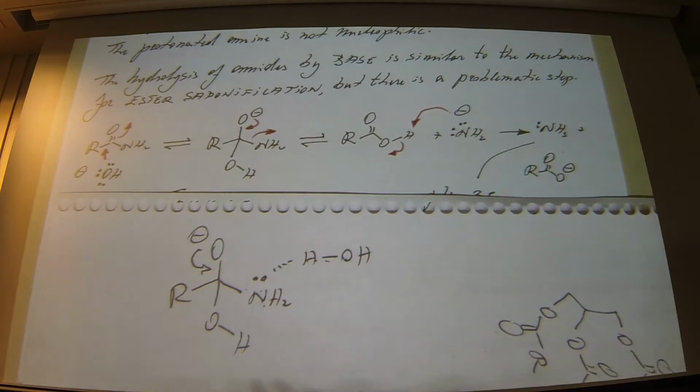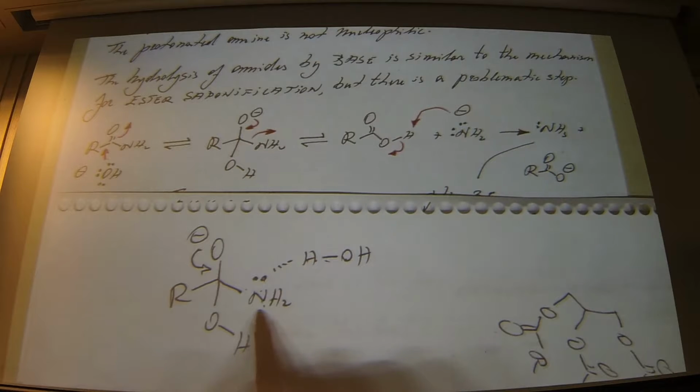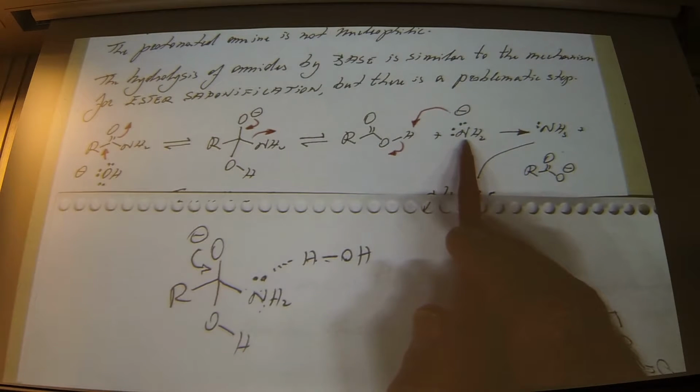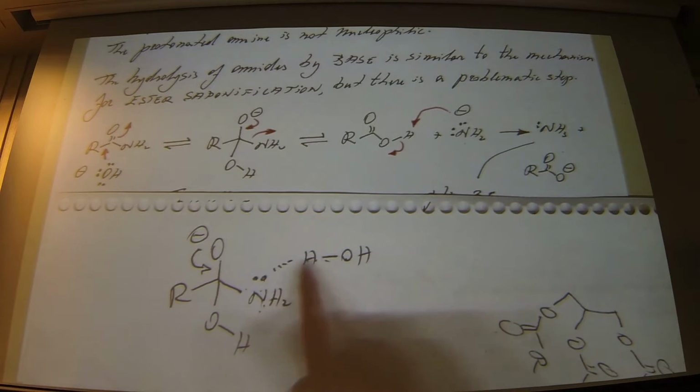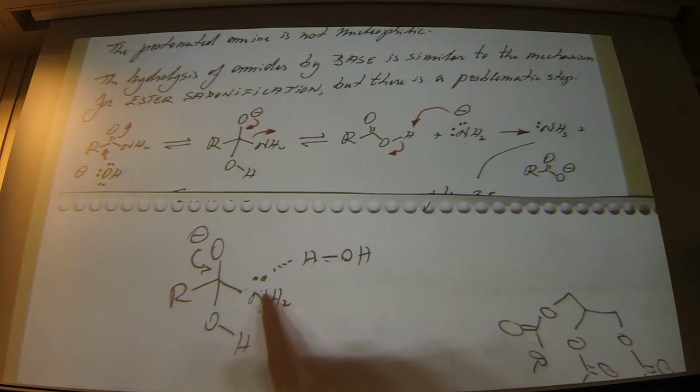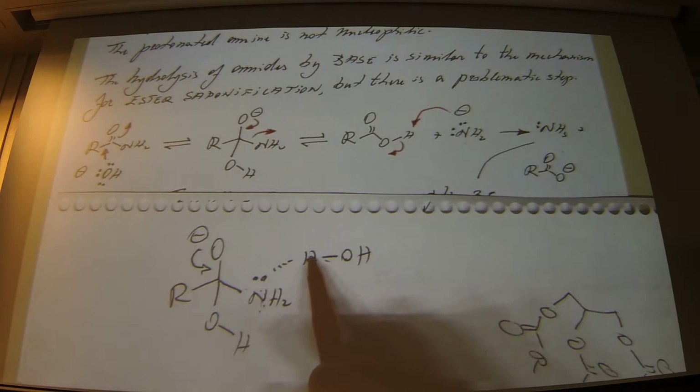And so, yes, in the transition state, this will have a partial negative charge, but you never have to generate NH2 minus. Never. All you have to do is form a bond from the nitrogen to that hydrogen atom, and at the same time that you're forming that one, break that one.